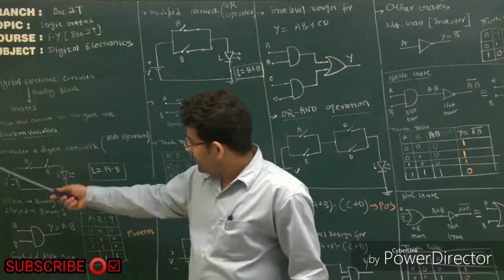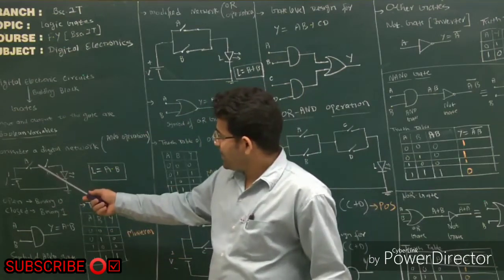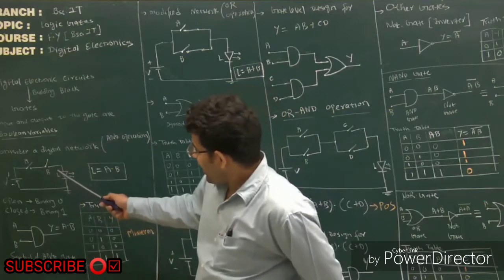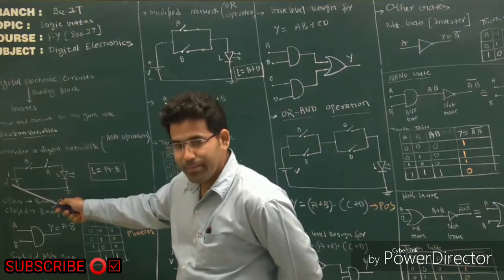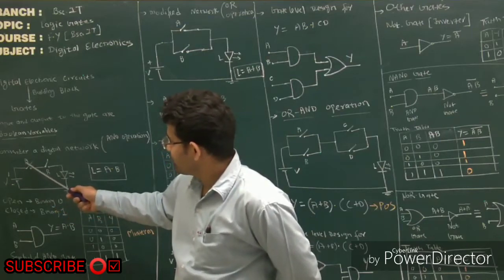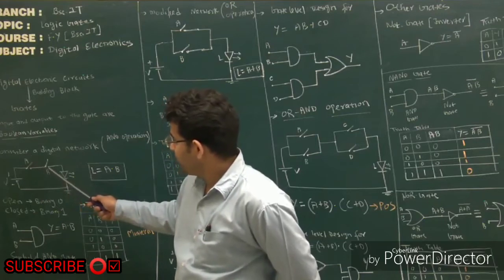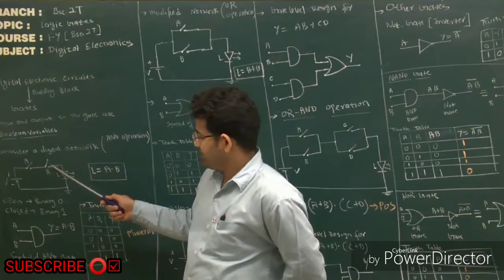Now, here we'll discuss this operation with the help of a basic network. Here I have taken an LED connected to a battery, and in between I have two switches, switch A and switch B. Both of them are connected in series.